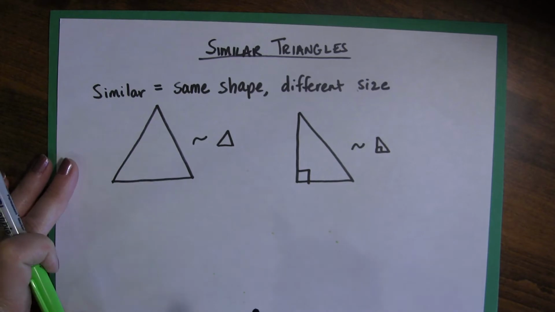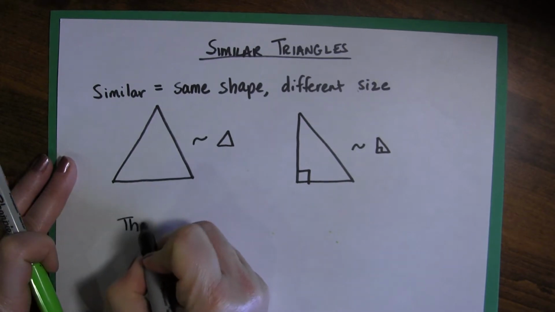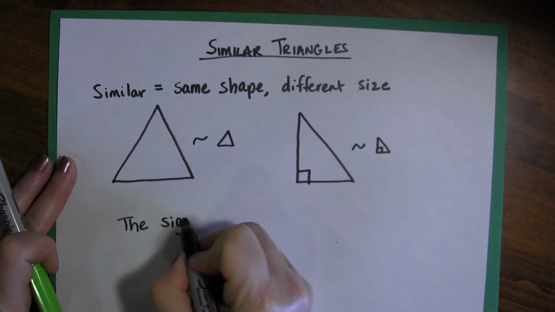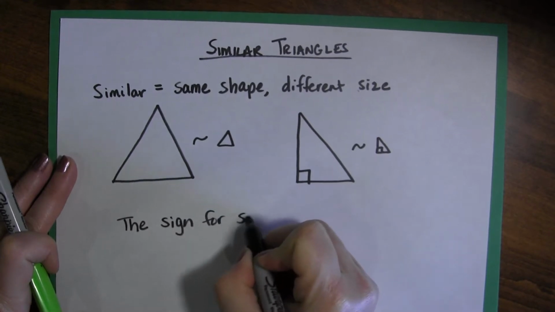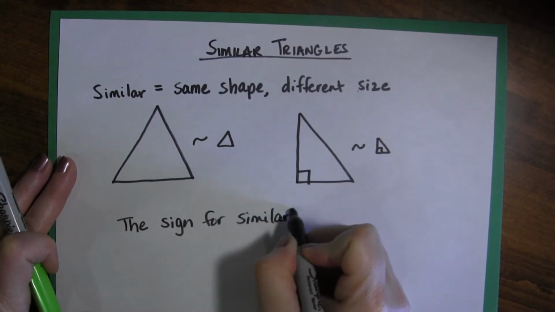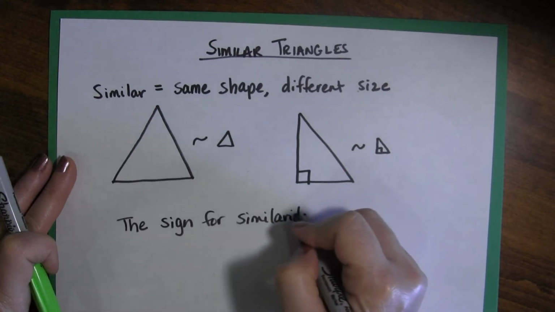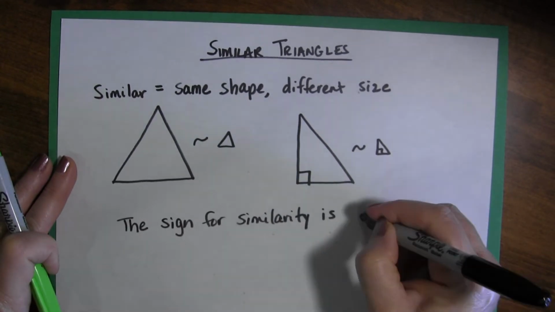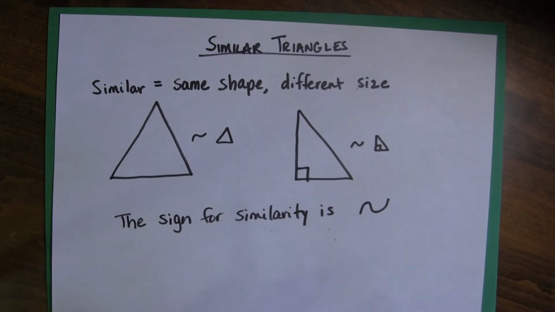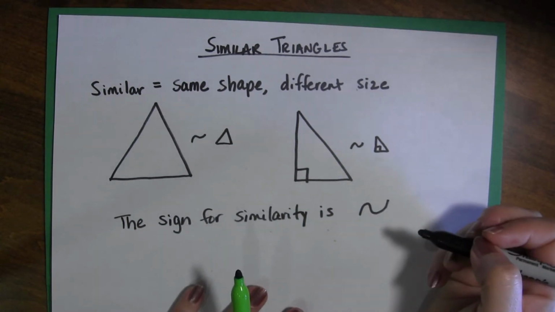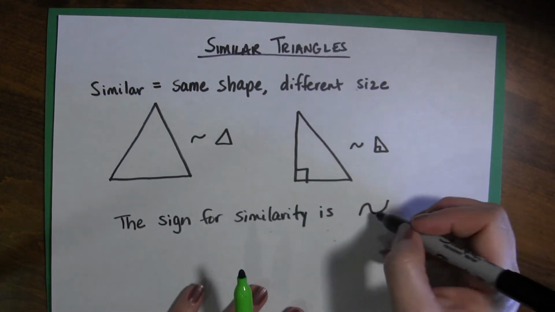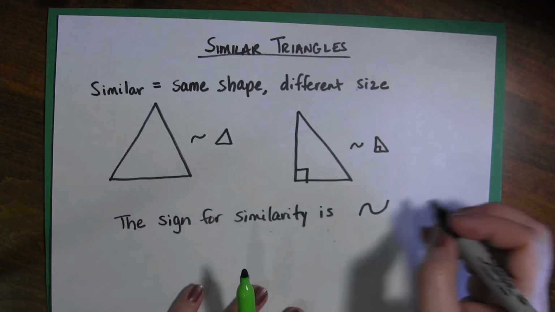Now, the sign for similarity, there we go, is this thing. It's like the squiggle that goes on top of a congruent sign, except there's just one of them and there's no equal sign underneath.